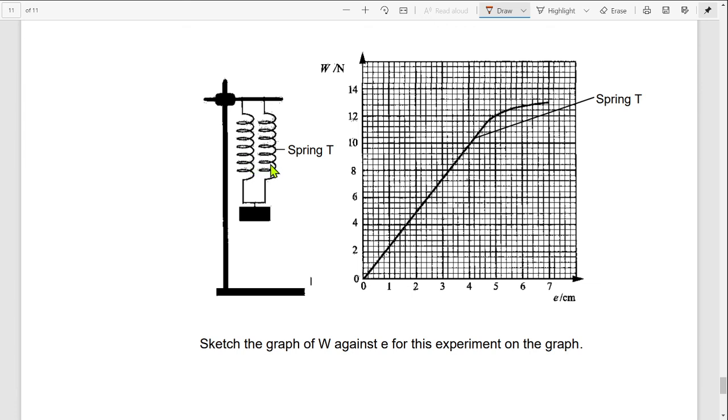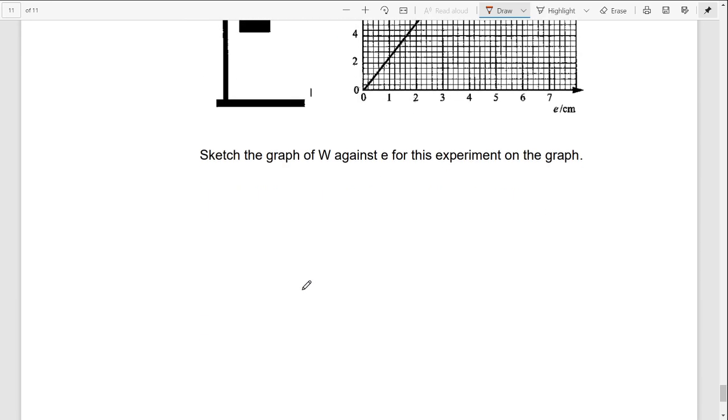They are in parallel. Remember that we have learned this.